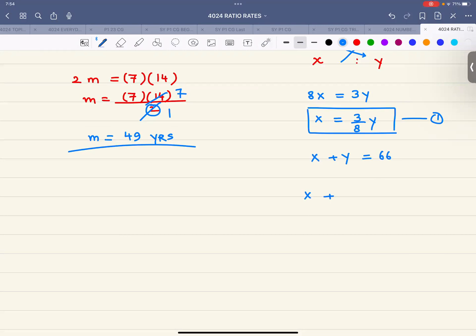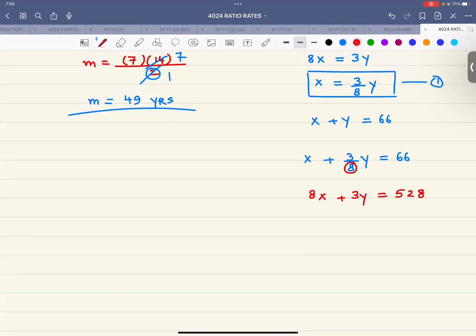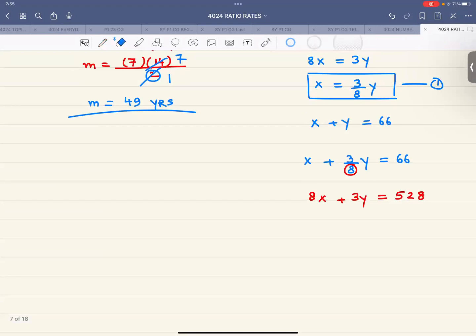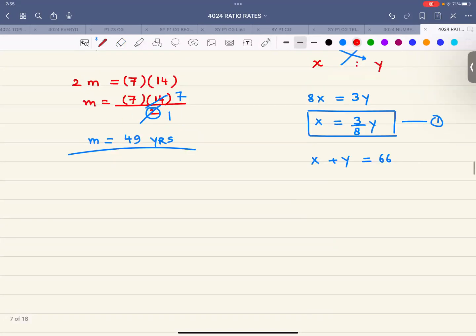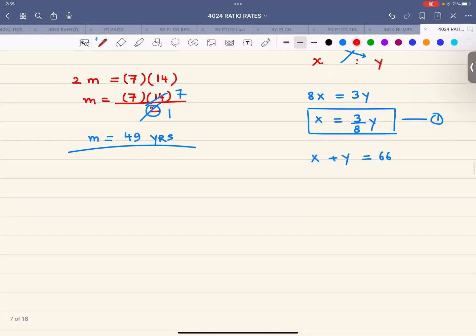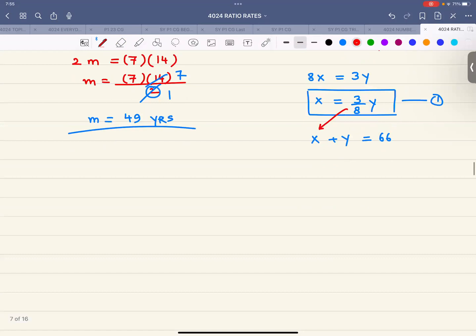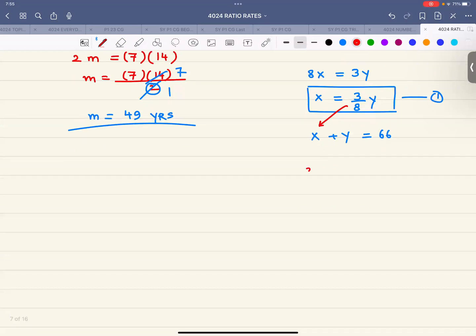Let's multiply 8 by 66, that's 528. And this is my bad. Let me just go back. I think I replaced the wrong variable. So I wrote x plus y is 66. Now I have to replace this with x. X has to be replaced. So 3 over 8 y plus y equals 66.